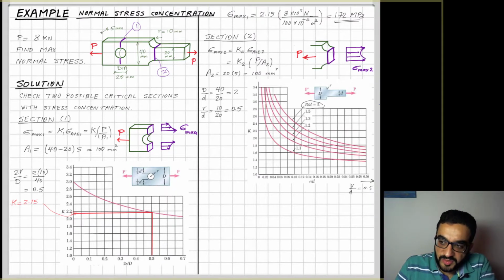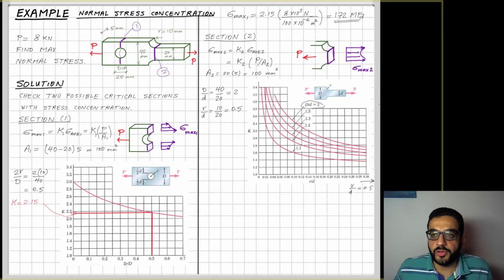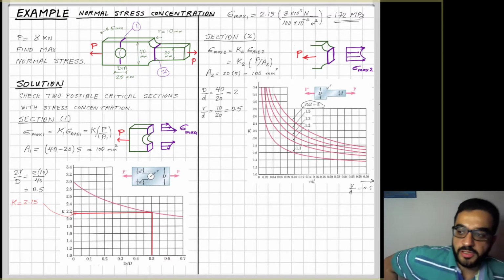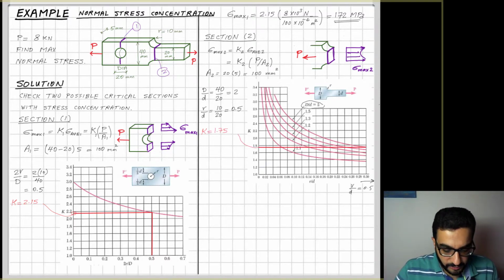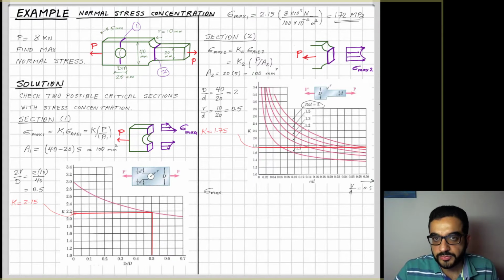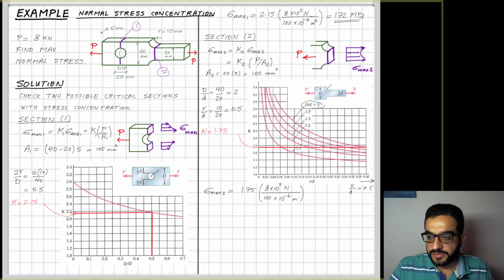The graph seems to be going down a little, but I don't know where it will hit 0.5. So to be conservative, I will just take the latest value shown in the graph, and I know it is more than what I would have if I have the complete graph. So I'll just say here that K is equal to 1.75 and use that to calculate the sigma max by multiplying it by sigma average, and end up with sigma max to be 140.